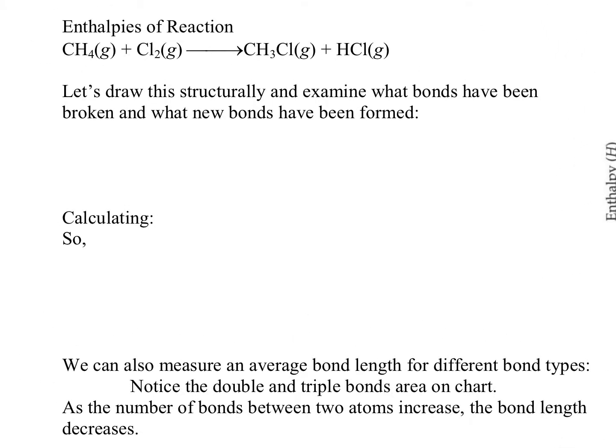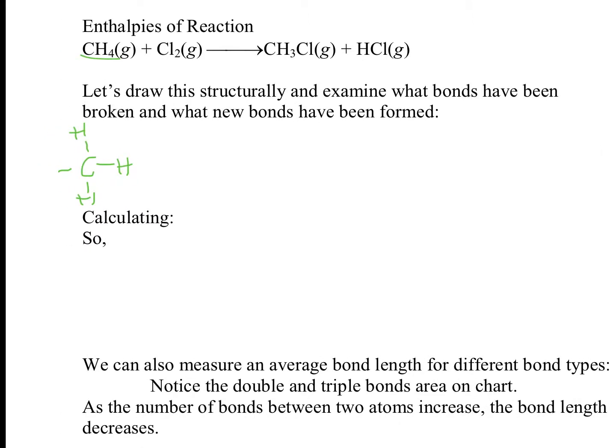We'll start by drawing out CH4, put the least electronegative in the middle, unless it's hydrogen, then put the carbon. Put each of the other atoms around it. Carbon has 4 valence electrons, each of the hydrogens has 1, so I have a total of 8 valence electrons to play with: 2, 4, 6, 8, I'm done.